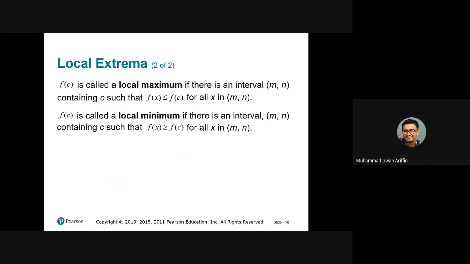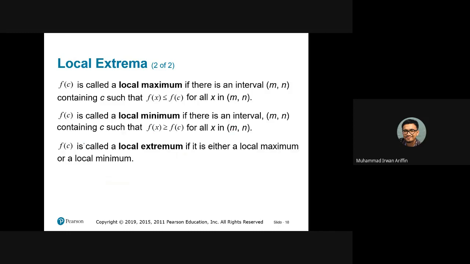And the opposite is true for a local minimum, if f(c) is the lowest compared to all other x within this interval (m, n). So f(c) is called a local extremum if it is either a local maximum or a local minimum. Points on the graph where the local extrema occur are also called the turning points.